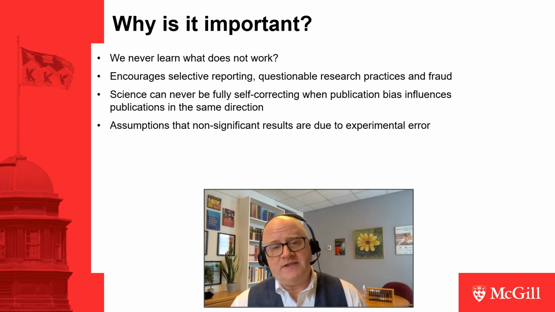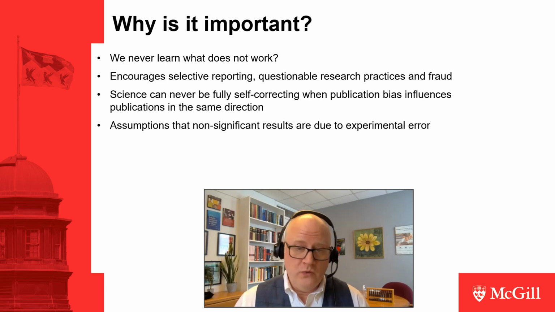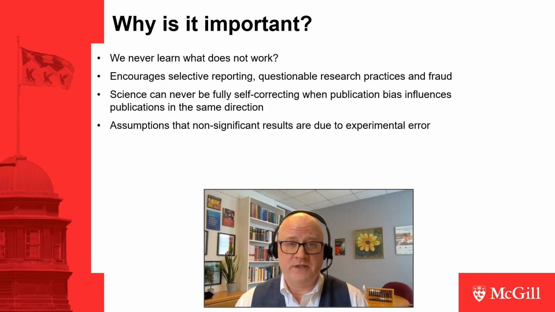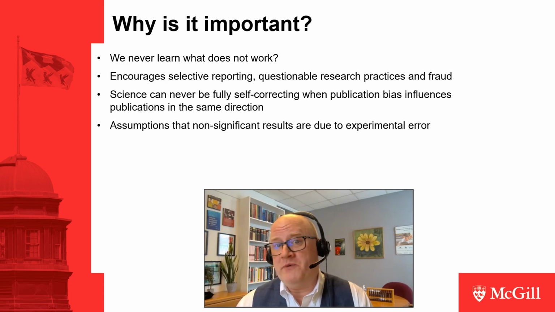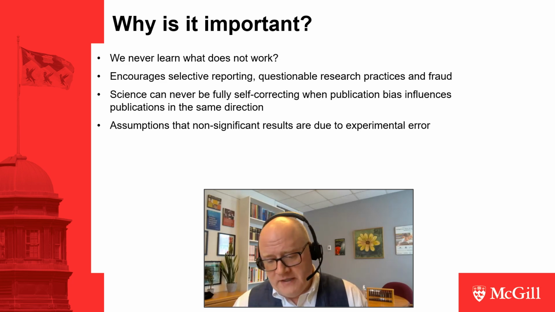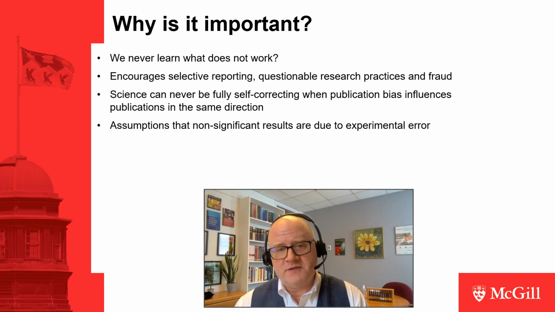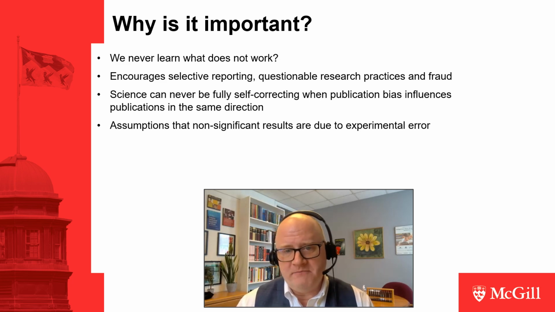Also, because we have this selective reporting, and if we only publish significant results, we also have some really questionable research practices. As I mentioned, the better the quality of the research design, the tendency is for the smaller the effect size to be, and the effect size is what we get excited about. This is the major thing. But if we just do better research, smaller effect size, less likely to get published.